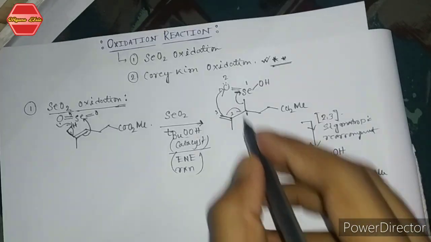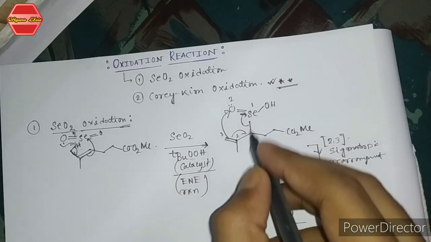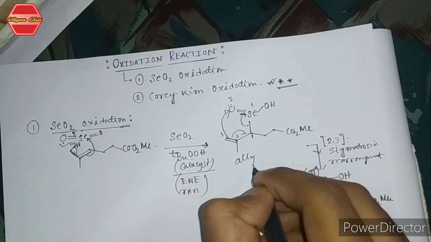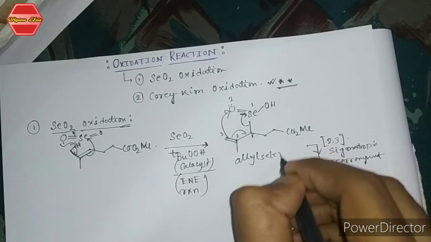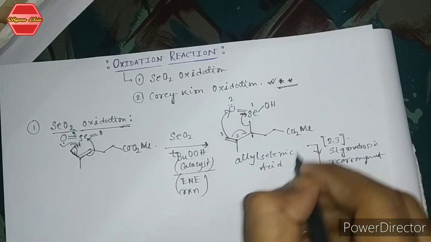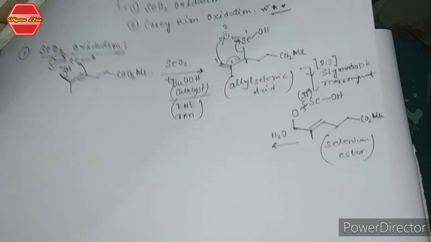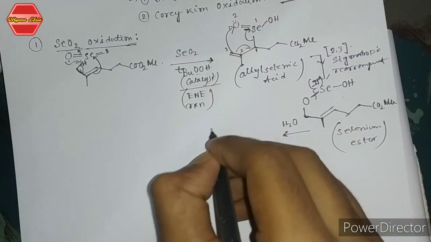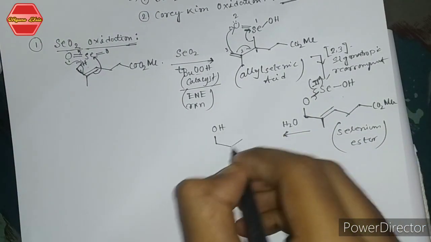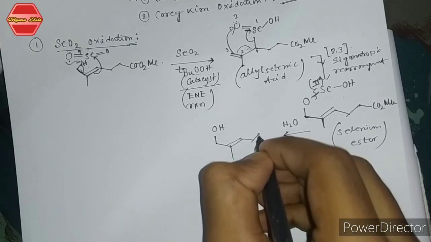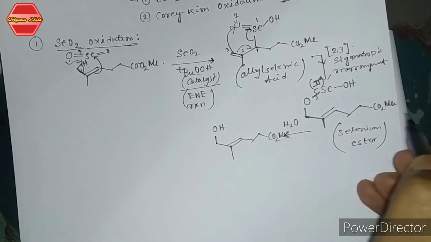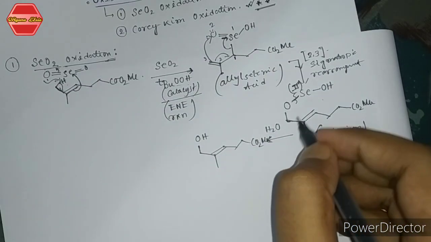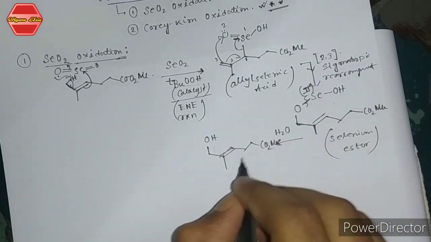Okay, and this component is called allyl selenic acid. Okay, now after the hydrolysis there is a formation of OH, CO2Me. Okay, so this is your overall product.